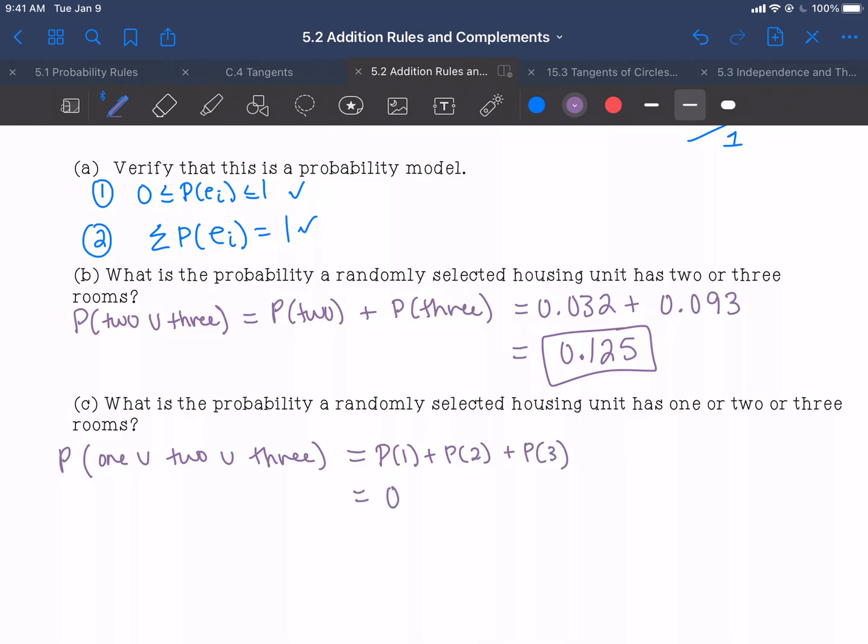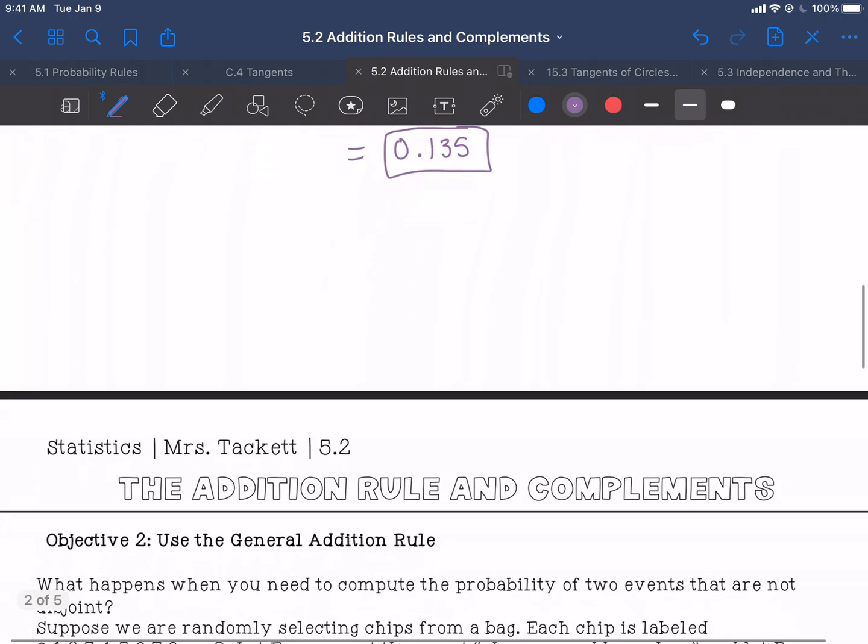So that would be 0.010 plus 0.032 plus 0.093. So that total probability would be 0.135. Okay, so for mutually exclusive or disjoint events, meaning they don't have anything in common, we just add their probabilities together.